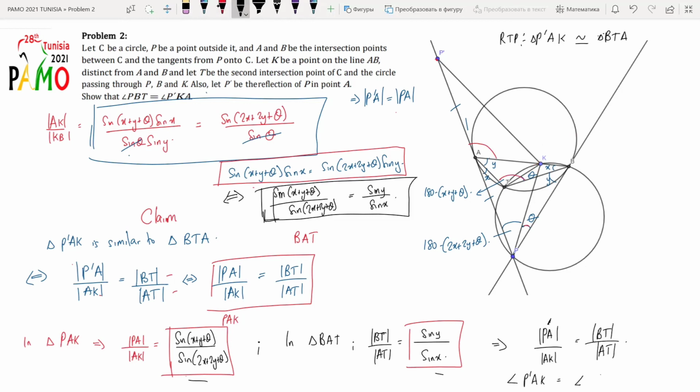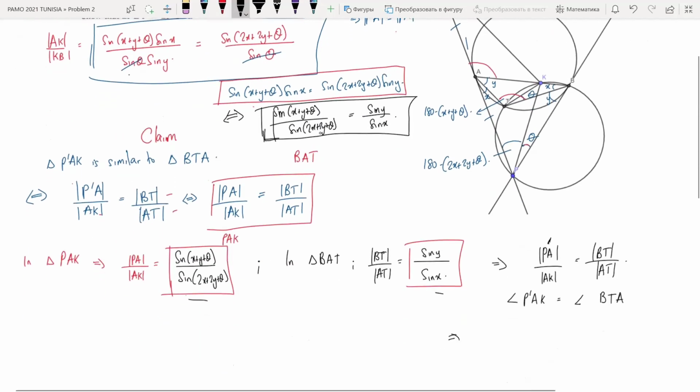Then, using these two facts, it implies that by SAS, two triangles are similar. Triangle B prime AK and triangle BTA are similar.